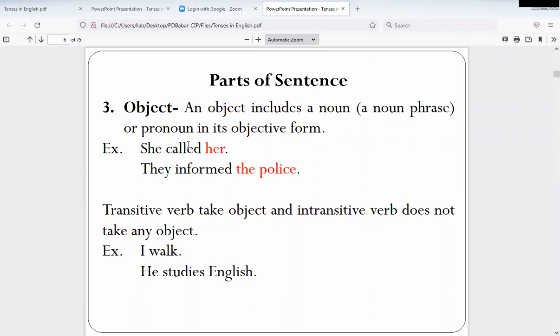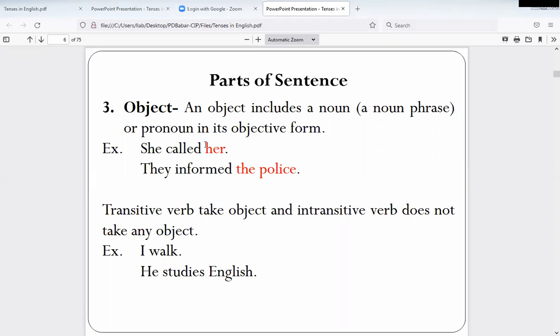If we ask a question to the verb, and it is answering the question, then it is called the object. And if we don't get any answer, then it is what? The complementary part. So she called her. She is the subject, called is the verb, and her is the object.